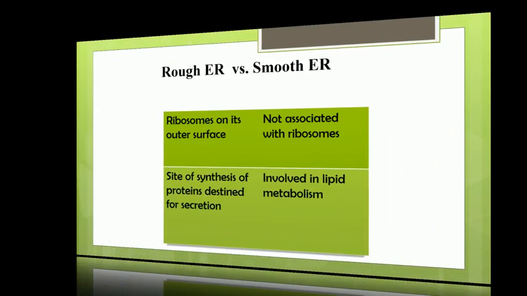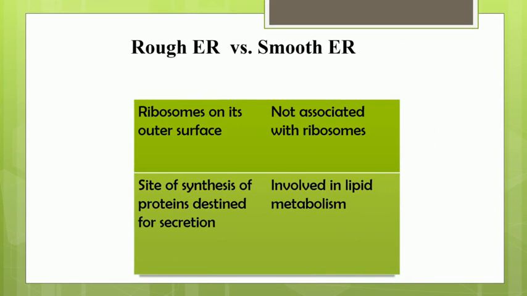Okay, now let us understand the difference between two types of ER, that is rough ER and smooth ER. When do we call endoplasmic reticulum rough? When ribosomes are present on the outer surface. When the ribosomes are absent on the outer surface, it is called smooth ER. Now the function of rough ER is different.